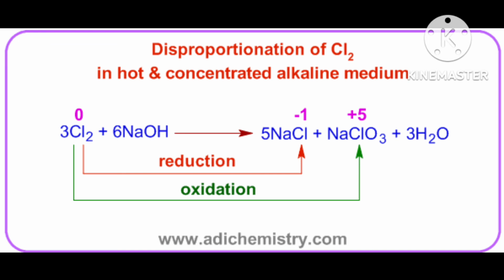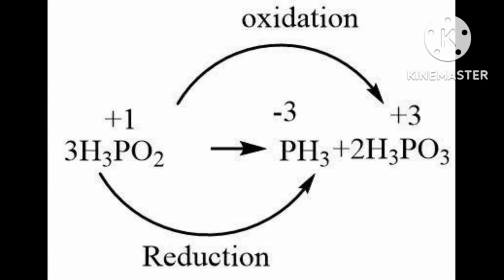This means that among halogens, fluorine does not show a disproportionation tendency. That is the main thing here. Fluorine can't show a disproportionation reaction.